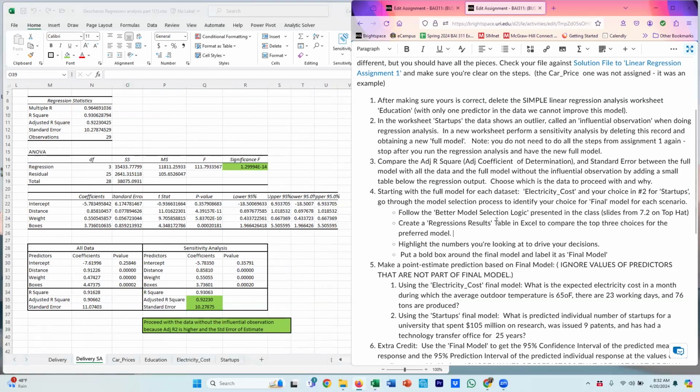So now we're going to start with the full model, and we are going to follow the better model selection logic, which means we make sure we don't include multicollinear predictors in our full model. So that's stupid. Don't do that.